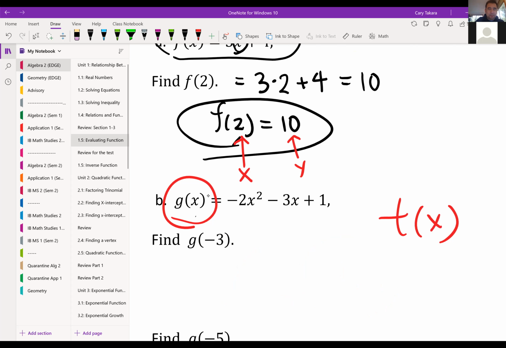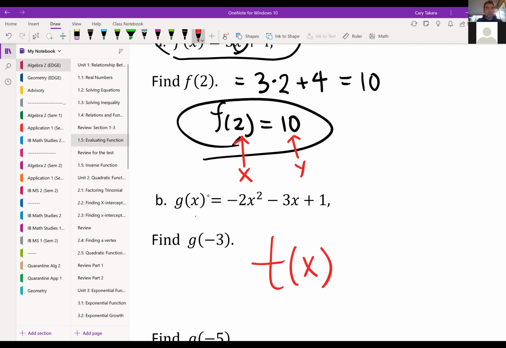So sometimes people use a certain letter for describing a certain function, but it could be g or r, it could be anything. When the equation is describing time, then oftentimes t is used, right?